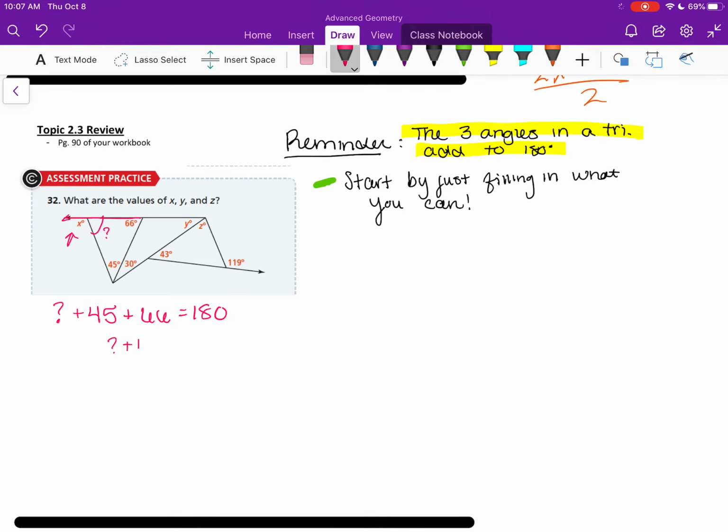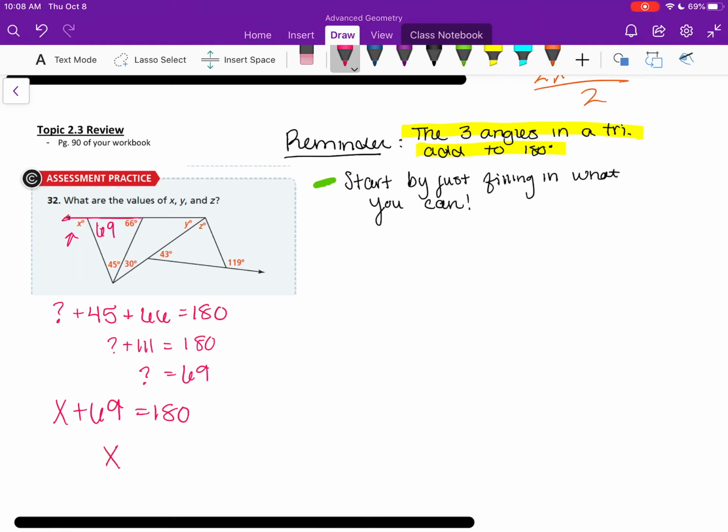So if we do that math, let's solve for that question mark. If we subtract, okay, that unknown angle is 69 degrees. We can actually label that now. And now I can 100% find x, because x plus 69 has to equal 180 degrees because they lie on the same line.